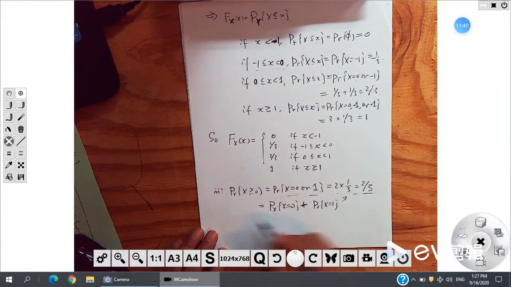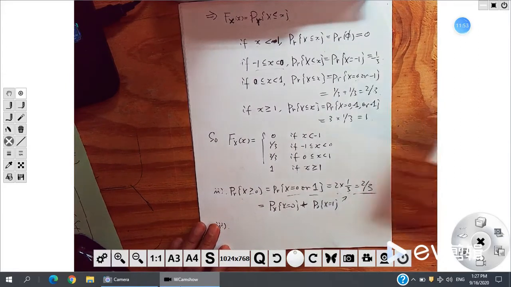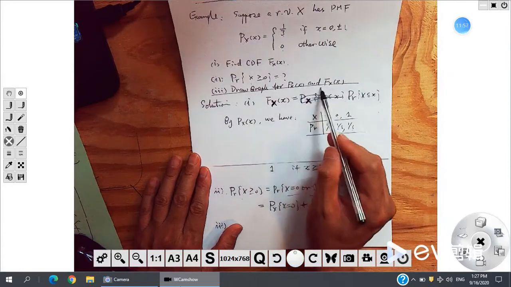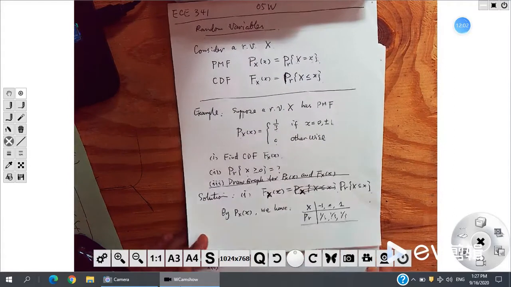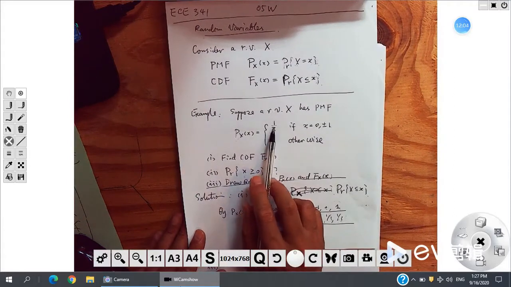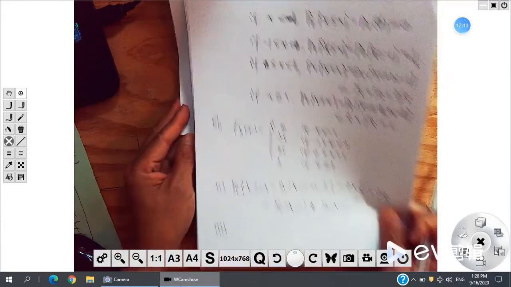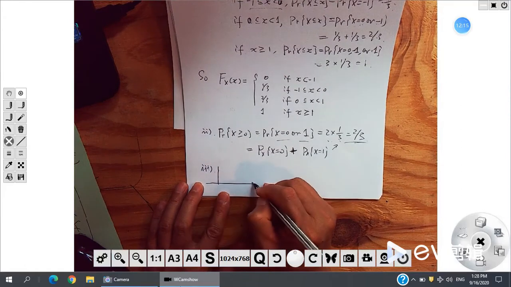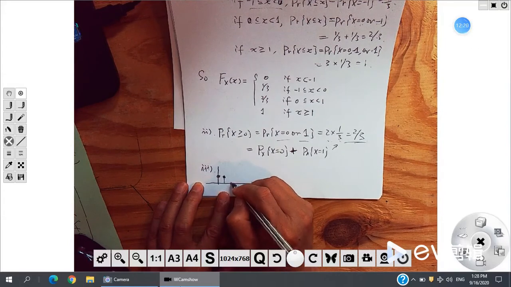Okay. And 3, as I asked for, I want the graph of these two. So the first one is given, right? The PMF is given, has 1/3, 3 times 1/3, and all the others are 0. So the graph for P will have 1/3, 1/3, 1/3.